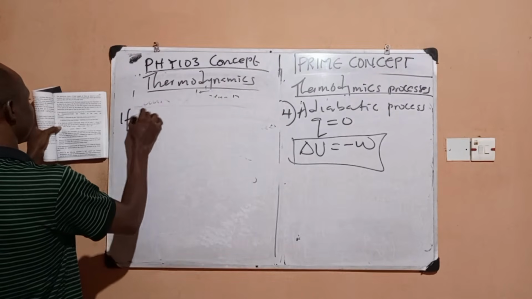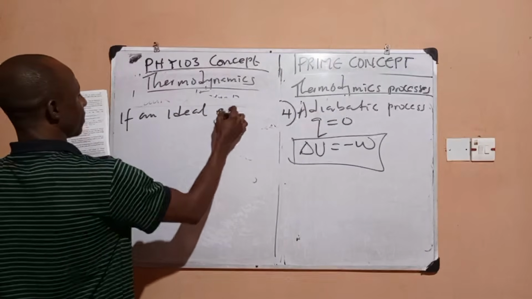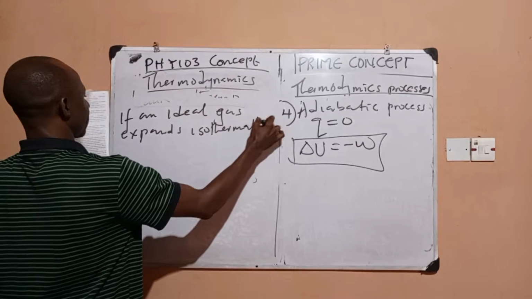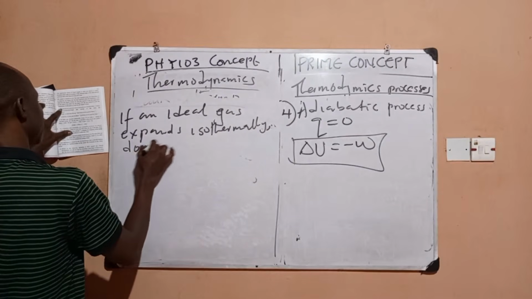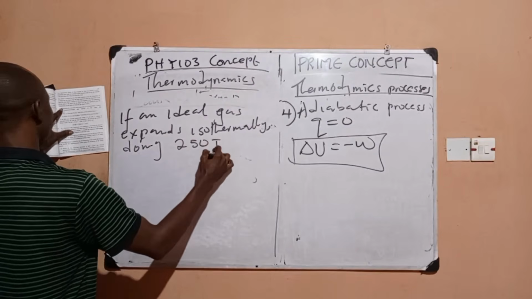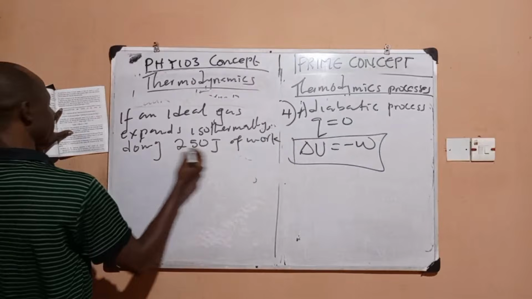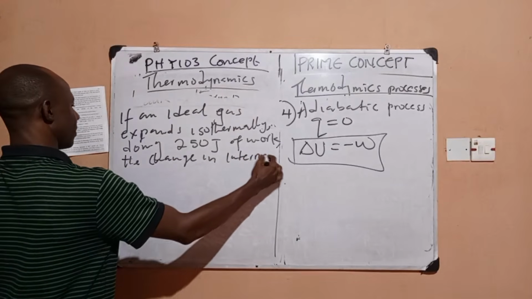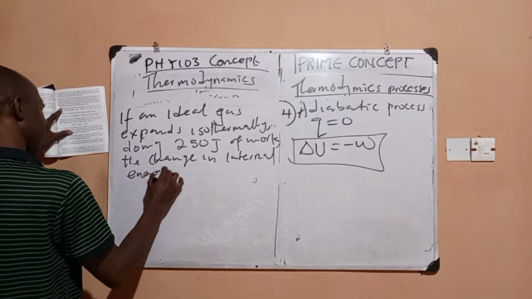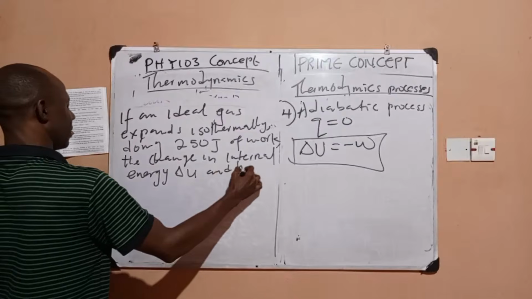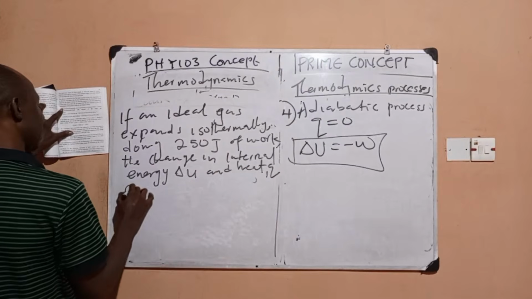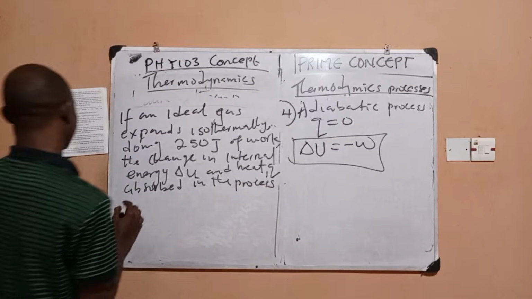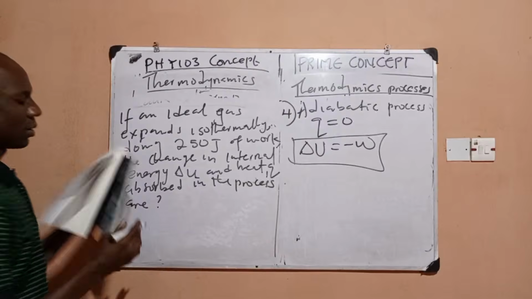It says, if an ideal gas expands isothermally, doing 250 joule of work, the change in internal energy delta U and heat absorbed in the process are. So that is the question.